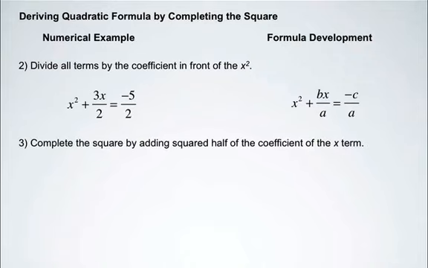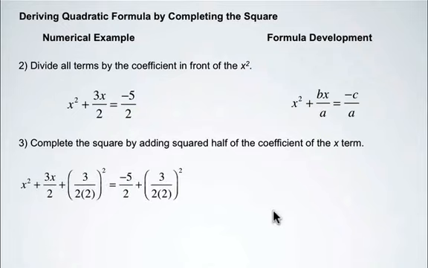Now we're going to complete the square by adding the squared half of the coefficient of the x term. So here's what that looks like.